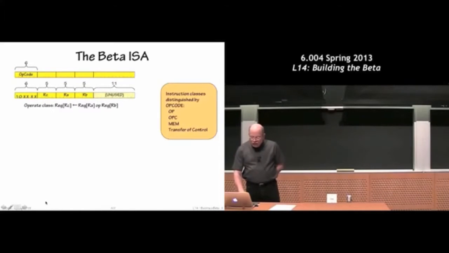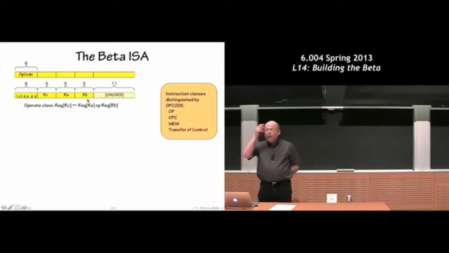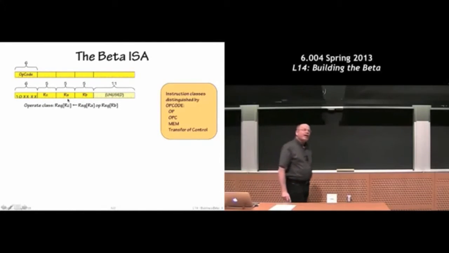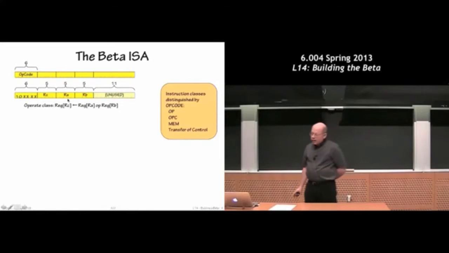We actually have 2 different formats of instructions, one of which involves 2 register operands. So remember, we have a 32 element register file. There's 32 registers, each of which holds 32 bits. So it's a little array of these 32-bit locations, and there's 32 elements in the array. And we can basically reference 2 elements of the array, the RA register and the RB register.